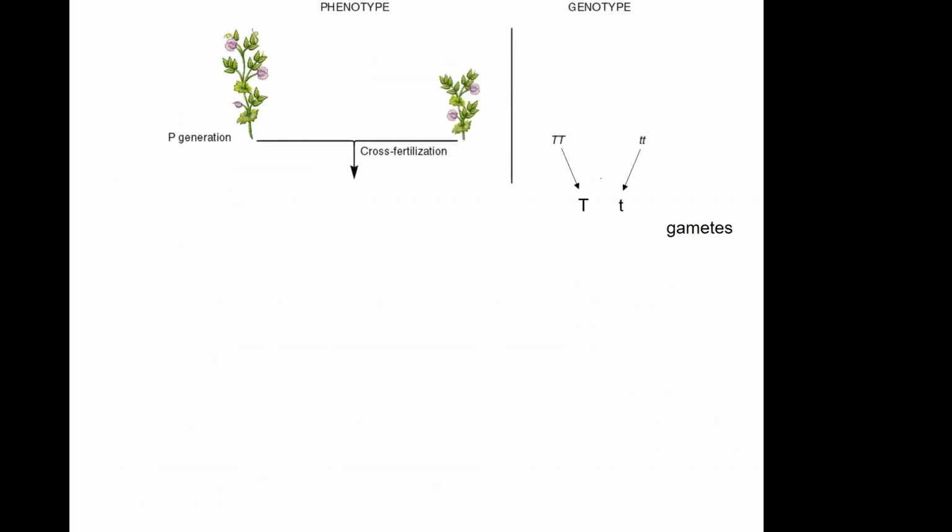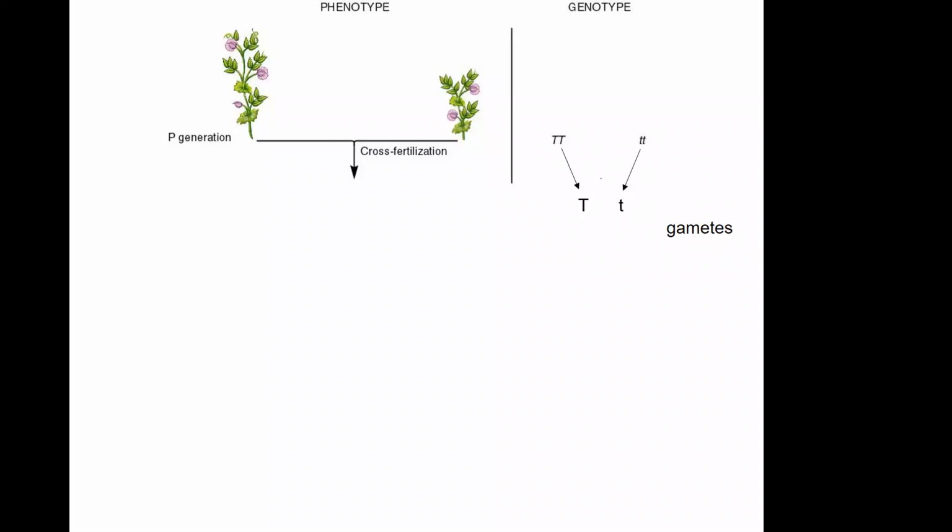So in genetics, we don't draw the pictures of the plants or the flies or the people. We simply write down a symbolism to represent the alleles, to represent the genotypes of the alleles and the genotypes of the F1 and the F2 individuals. And then based on our understanding of the genes, we can deduce their phenotypes.